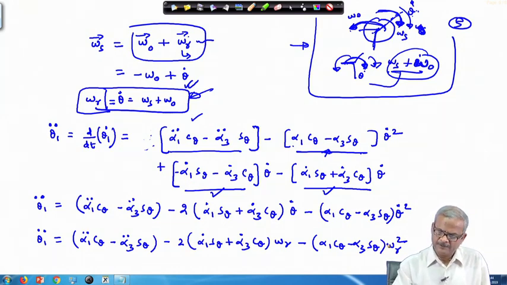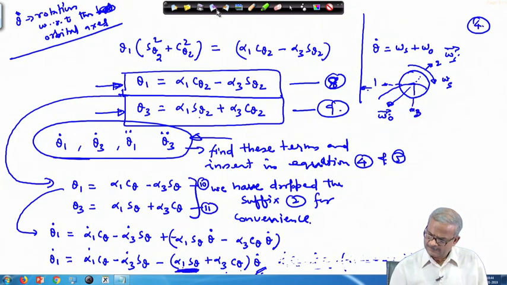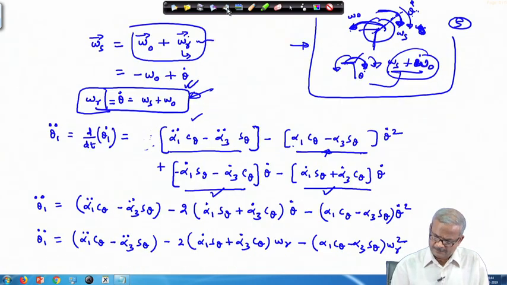So, till now we have got here all these things. So, this we number as equation 12, since 10 and 11 are already there, and this equation we number as equation number 13.